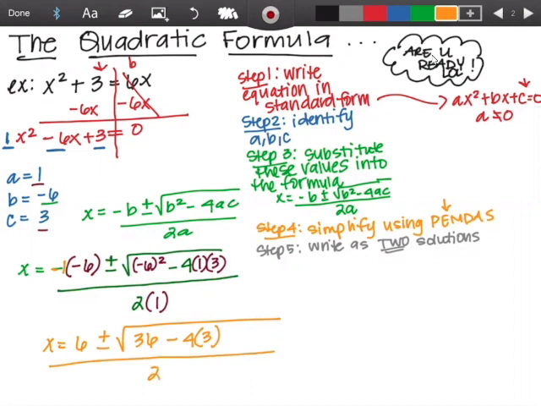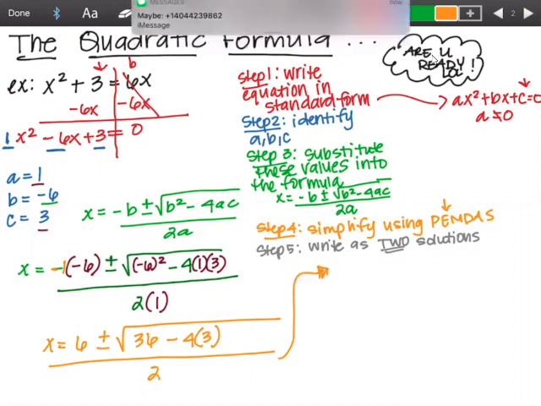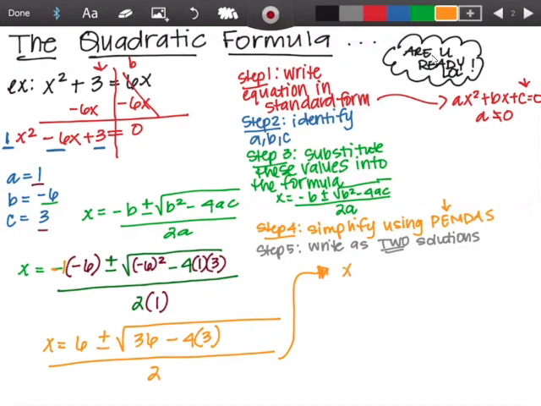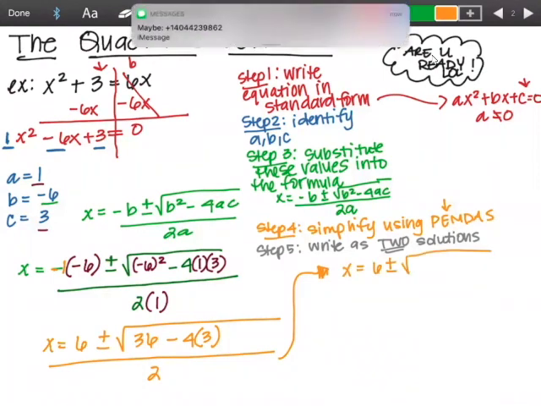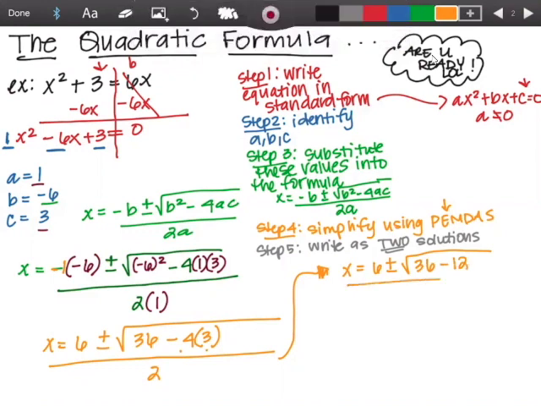And now I'm going to keep going up here because I'm running out of space. All right, so now we have x equals 6 plus or minus the square root of 36 minus 12, all over 2. And we're going to keep solving, all right?